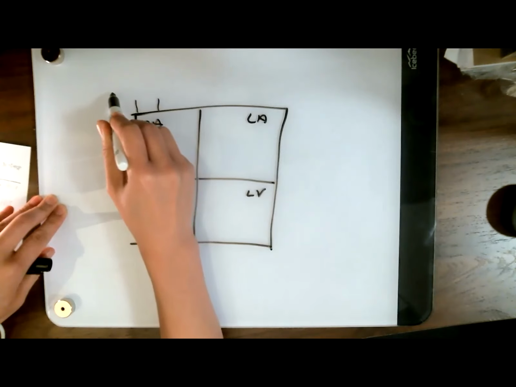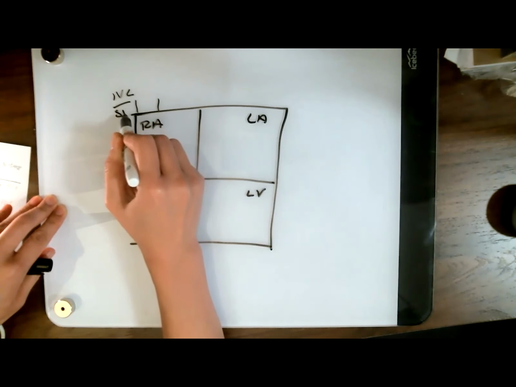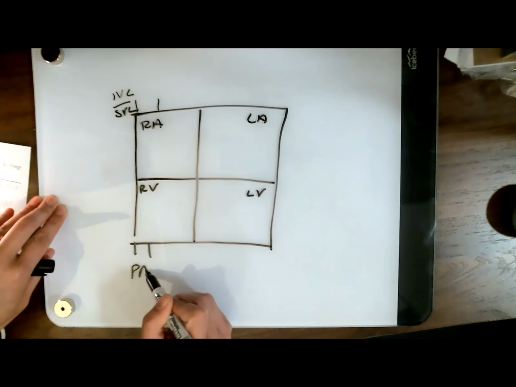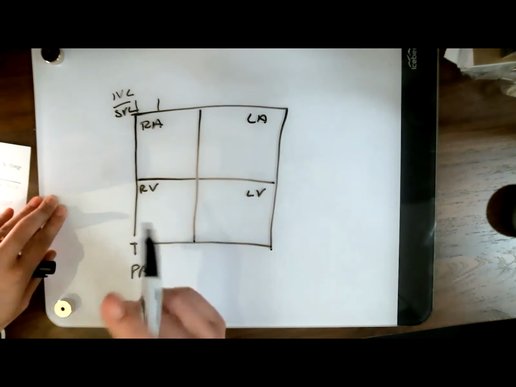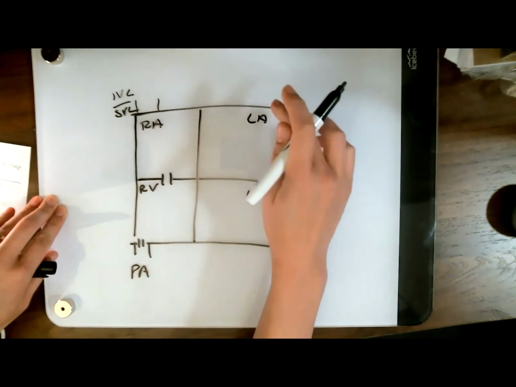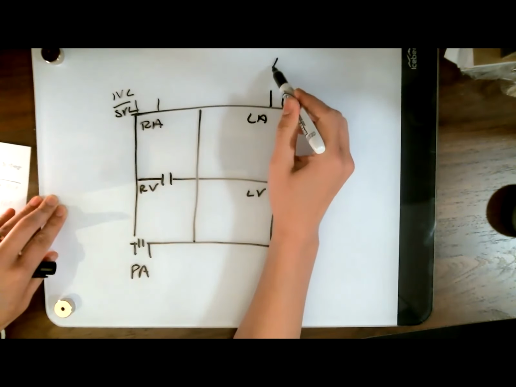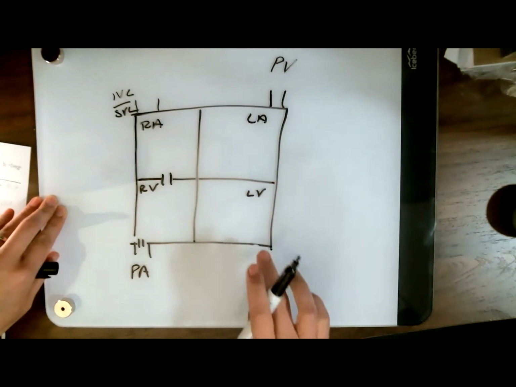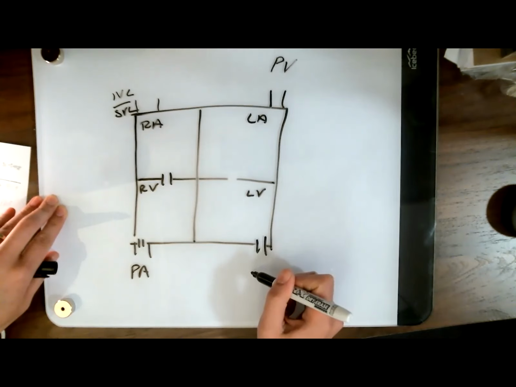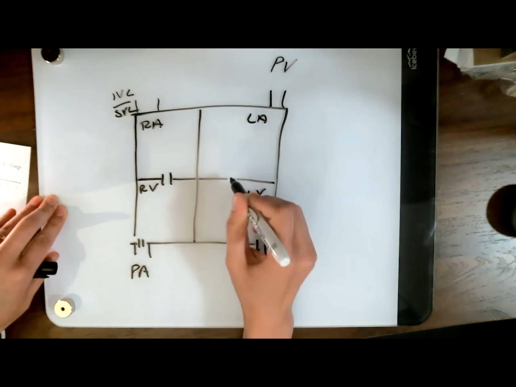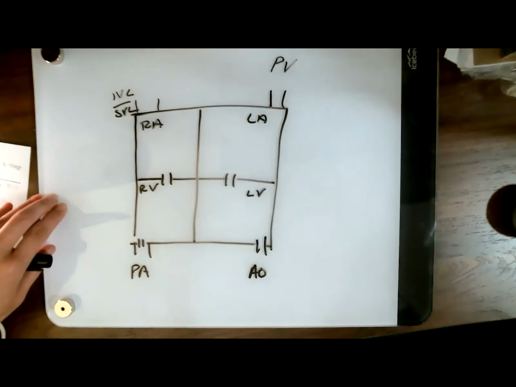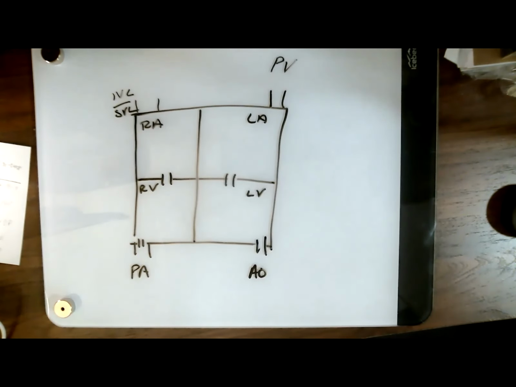Then you have your IVC and SVC here, about the same, and your pulmonary artery here. Here's your pulmonary valve, your tricuspid valve, here's your pulmonary vein, and here is your aorta and your mitral valve right here. So that makes it very simple.